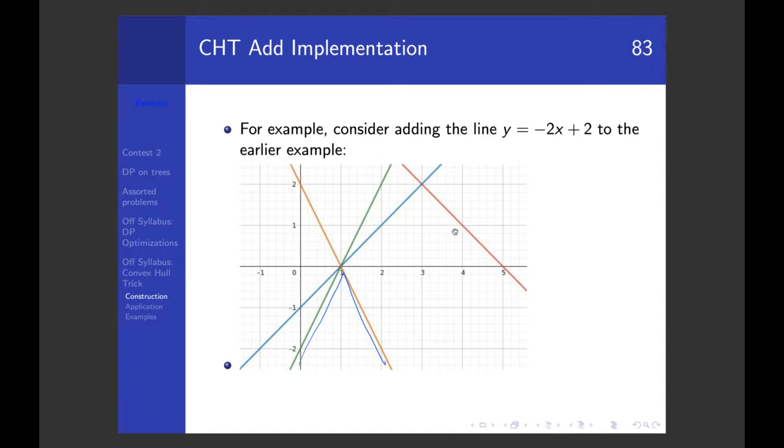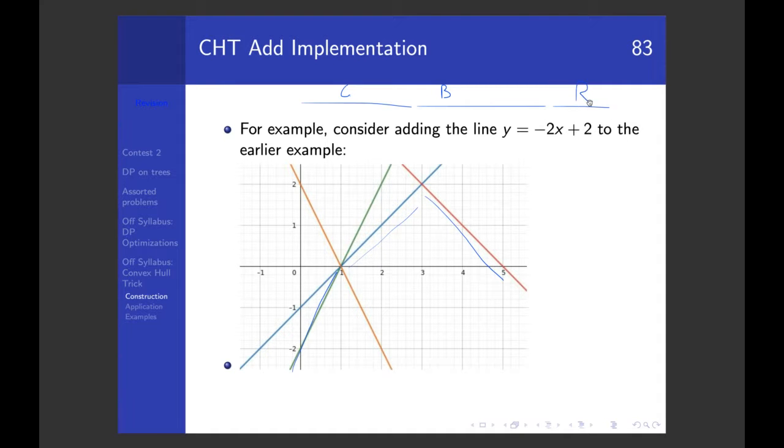Now, one observation is we're always going to remove some suffix of lines. By that I mean, we're going to remove the last line and maybe the second to last line and maybe the third to last line. But we're not going to remove the last line and the fifth to last line. Because if we consider the range of x coordinates that each line is optimal for, originally we had green for a bit, and then we had blue for a bit, and then we had red for a bit.